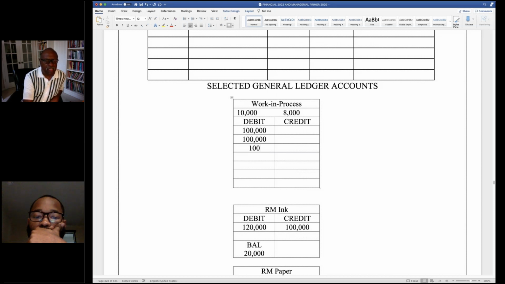Let me put 100,000 here for the labor, then 200,000 for the overhead. So this is paper and this is ink. When you don't complete those books, the ink and paper will still be here. So we only transfer out 80% of the cost of those.